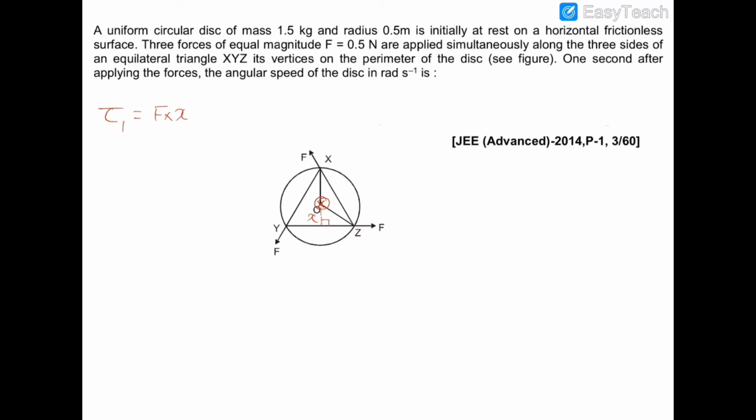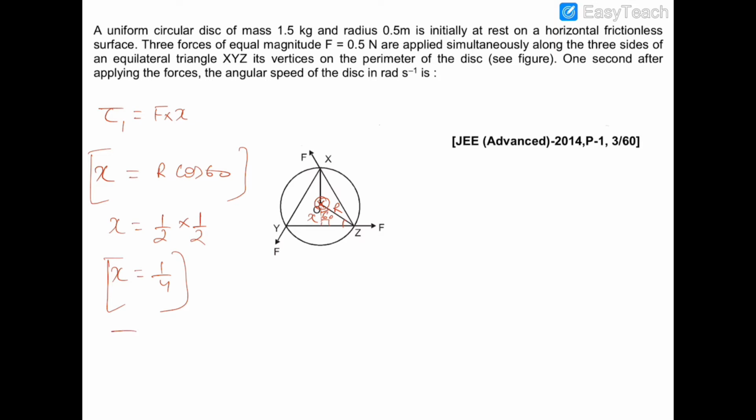Now we know that this is radius r, the radius of the disk, and this angle is equal to 60 degrees. In an equilateral triangle this angle is 60 degrees and this is 30. So this x would be equal to r cos 60, and this r is given as 0.5, so this is 1 by 2, and cos 60 is also 1 by 2, so x is 1 by 4.